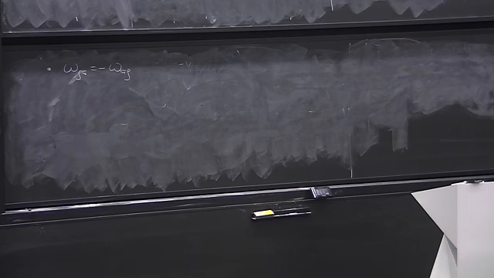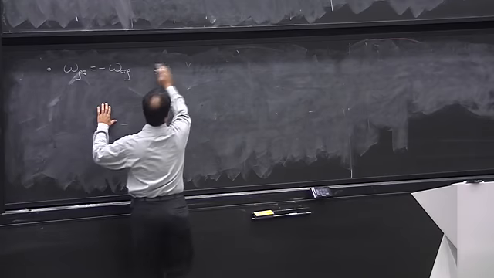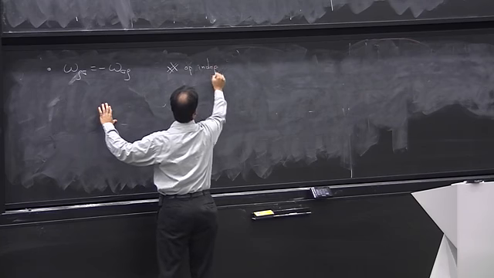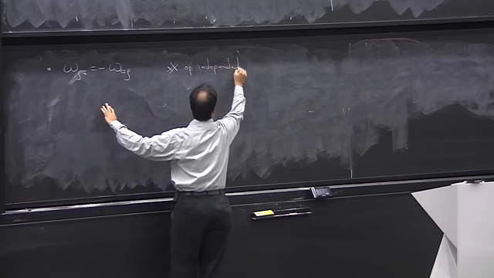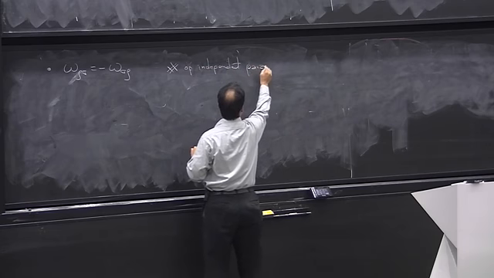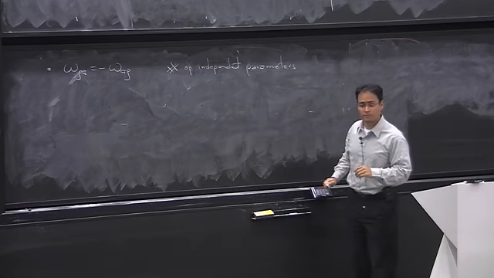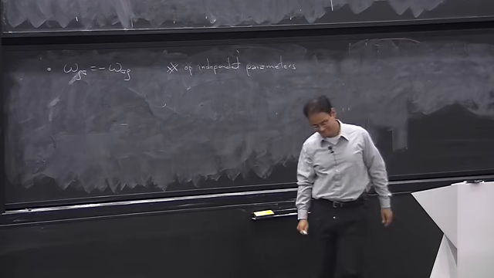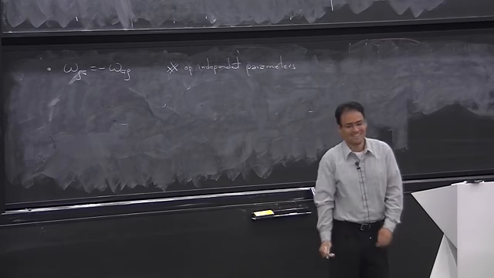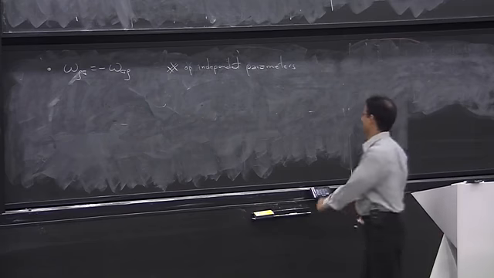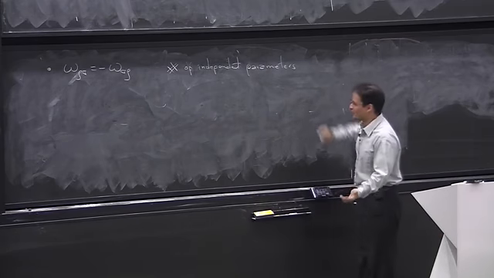So how many independent parameters do we have? Number of independent parameters. And how many dimensions? In D dimensions. No, 6. Of course, we're in 4 dimensions. Yeah, very good question.